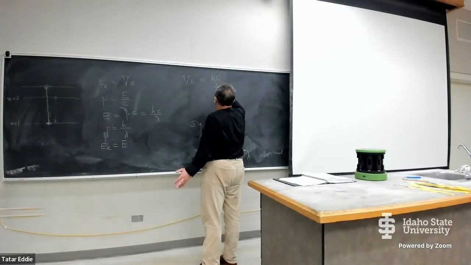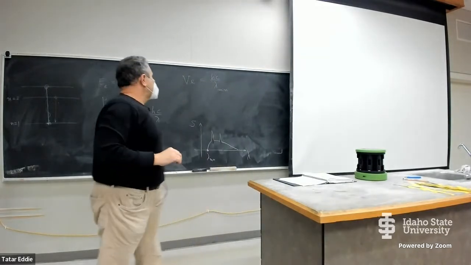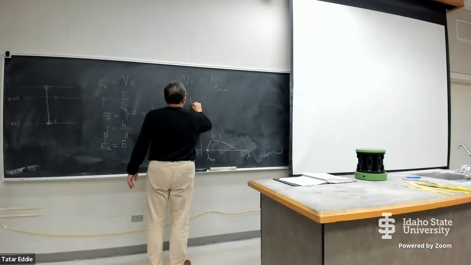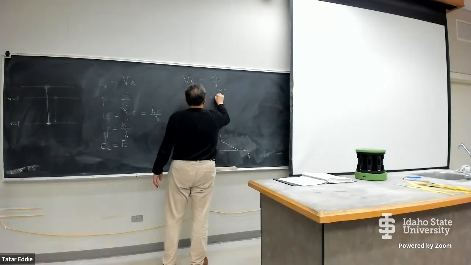And this is going to be your minimum wavelength, the cutoff wavelength for this X-ray tube. From here, the cutoff wavelength is equal to hc divided by voltage and divided by elementary electric charge.